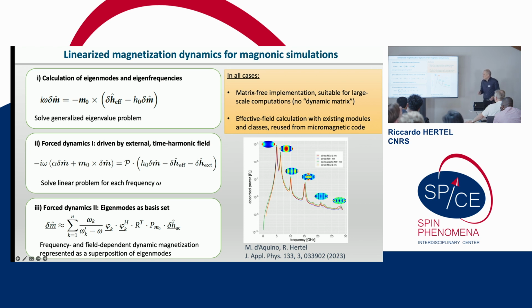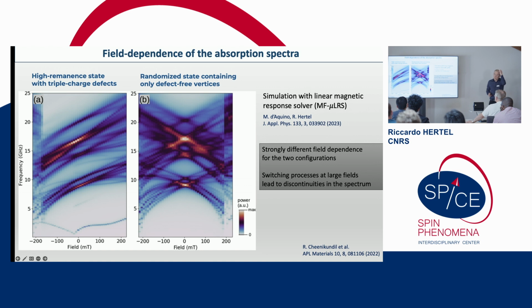Of course, I don't have time to go into all the details of this, but it is owing to these techniques that we were able to look a little bit further and see how the spectra that I had shown you, which is essentially the line here in the middle at the field H equals 0, evolve if we apply a positive or negative field, and thereby calculate Magnonic spectra in acceptable time using this linear approximation.